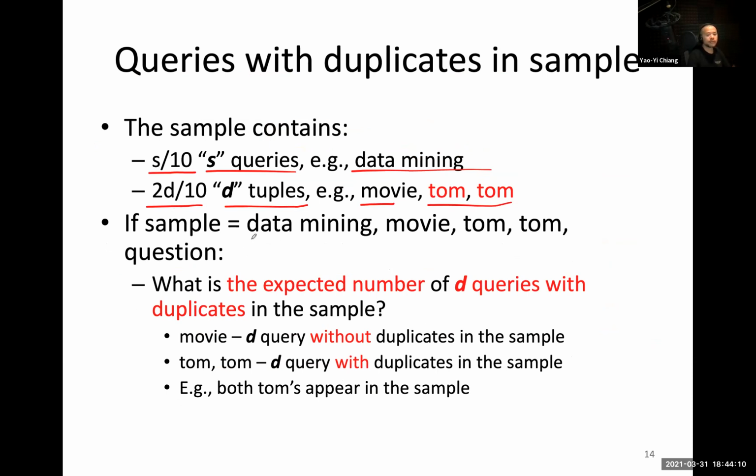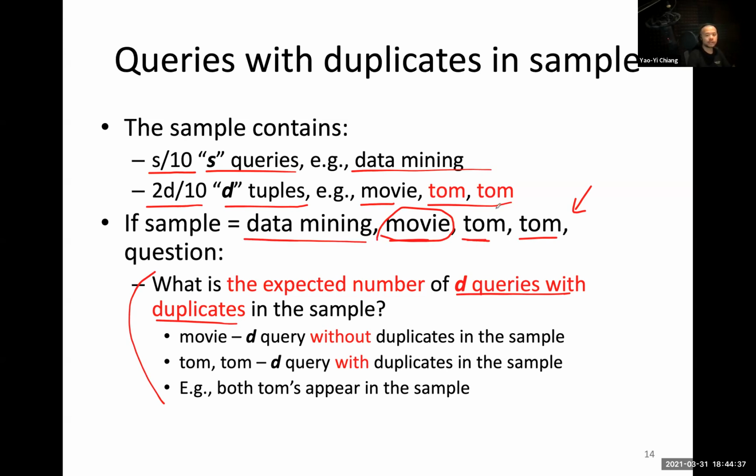So if your sample is data mining, movie, Tom and Tom, what would be the expected number of D queries with duplicates in the sample? Let's look at the sample. What would be our D queries? Well, your movie is a D query because it has a duplicate in the original data stream.